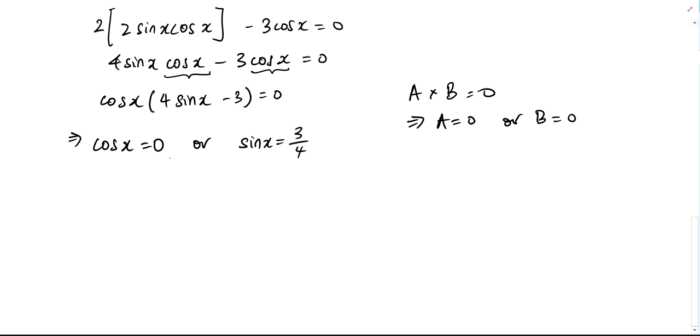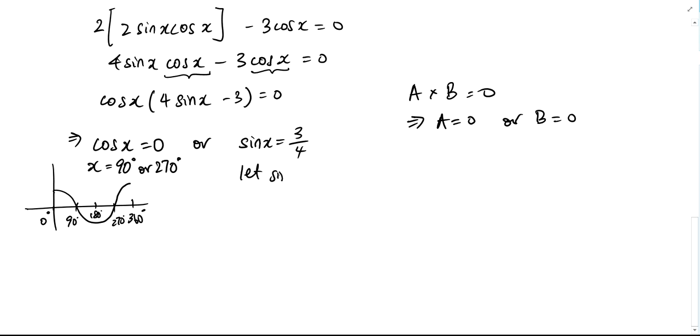Now when we have cosine x equal to 0, draw a graph to help us visualize from the angle of 0 to 360 degrees. This is 90 degrees, 180, 270 degrees. So x will be 90 or 270 degrees.